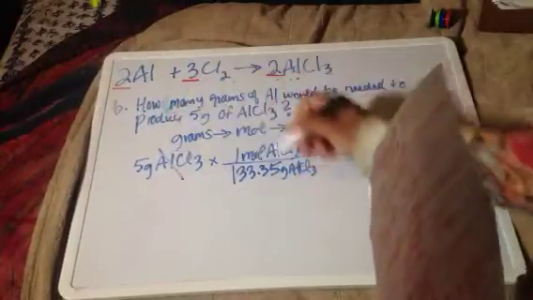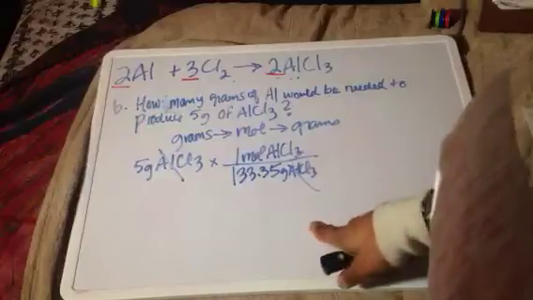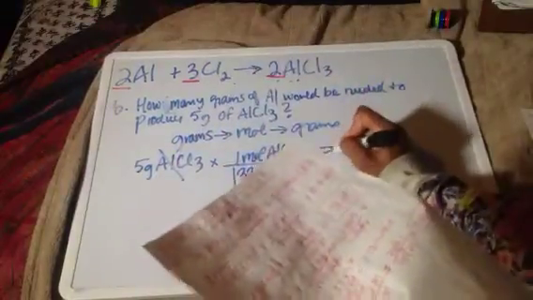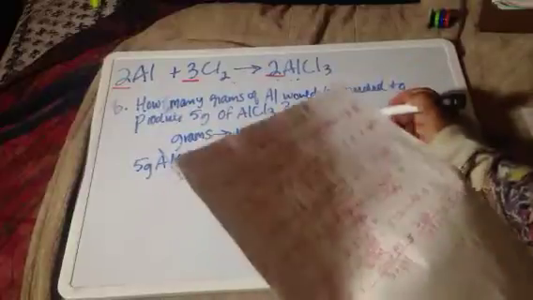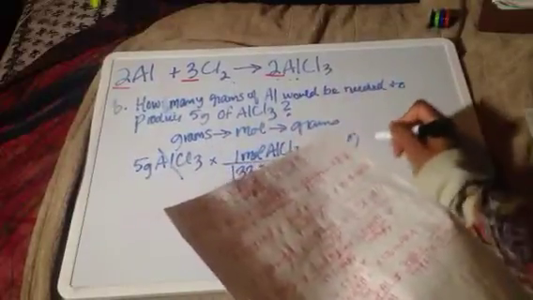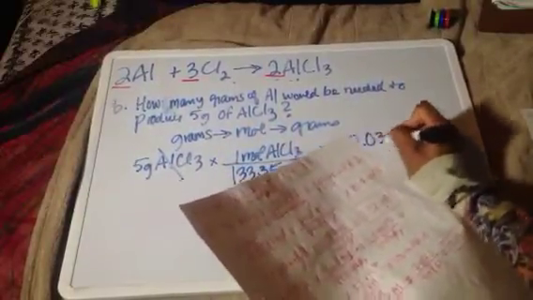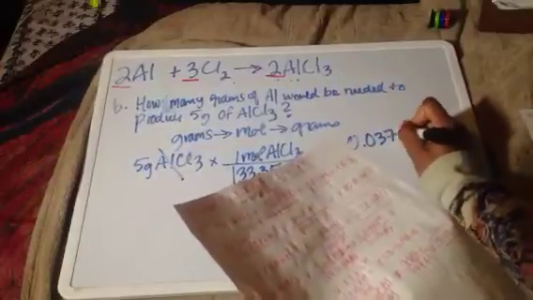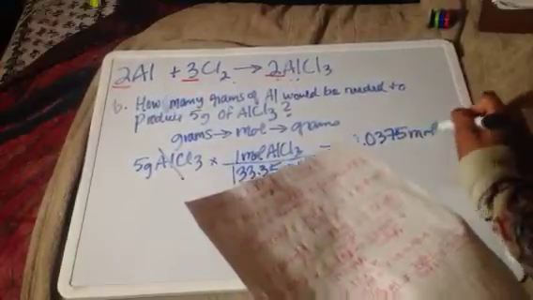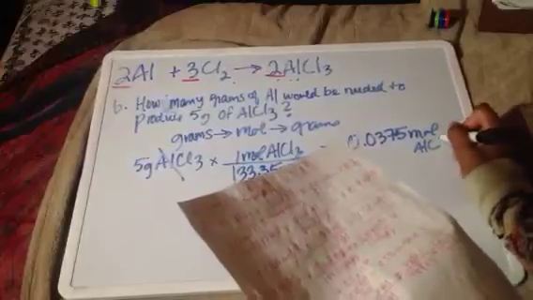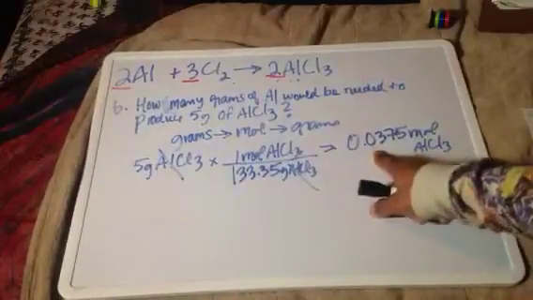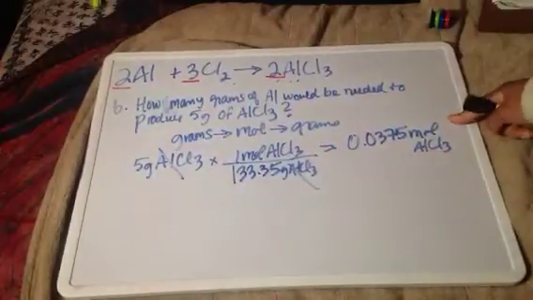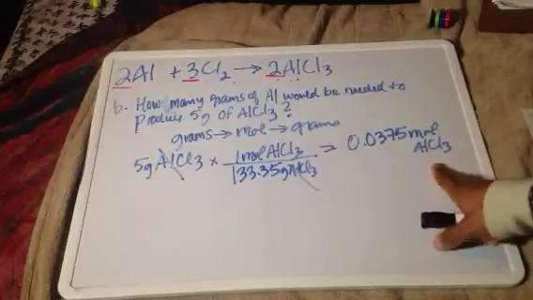So now we're left with 5 times 1 divided by 133.35, and that gives us 0.0375 moles of aluminum chloride.